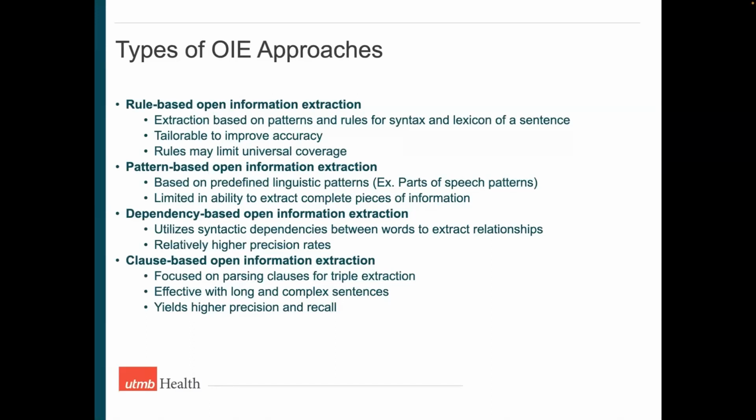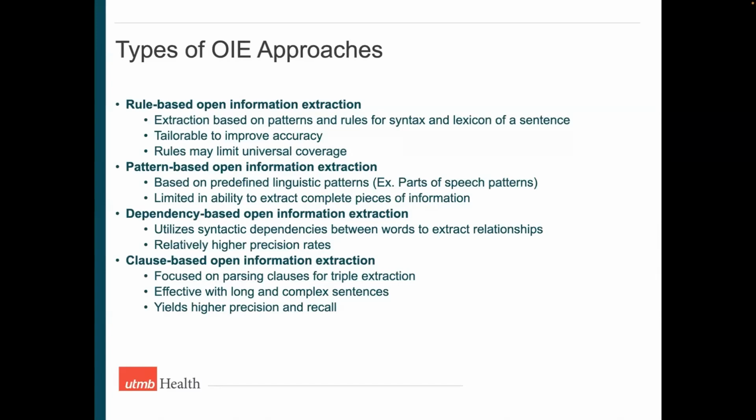In rule-based open information extraction, rules or patterns are developed to recognize and extract relationships between entities in a sentence or text. The extraction rules or patterns are designed to identify and extract relationships between the entities from the sentence or text.